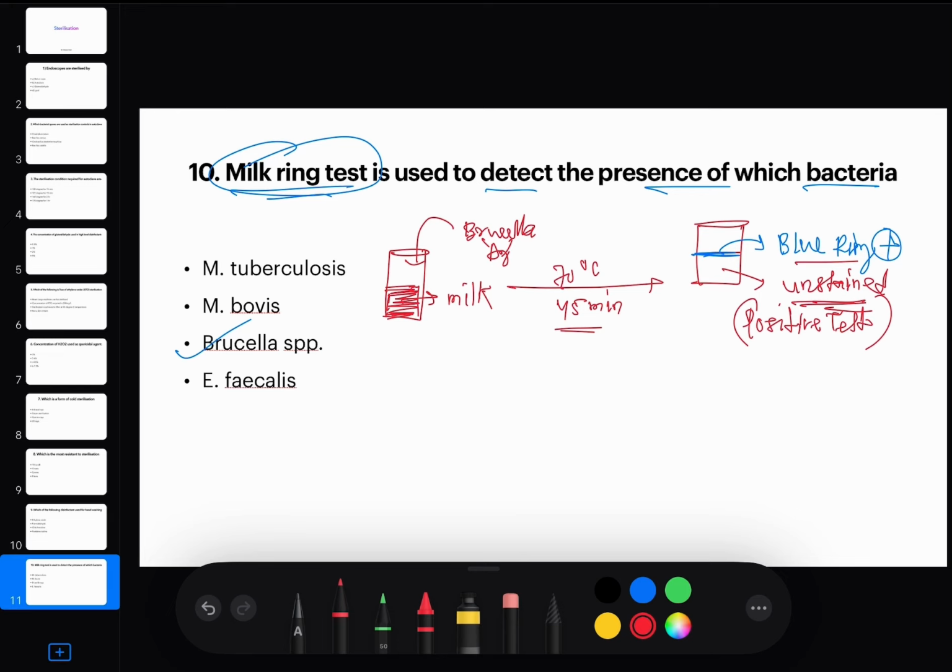On the other hand, if the milk has no blue ring and there is blue color in the whole milk, that is stained.